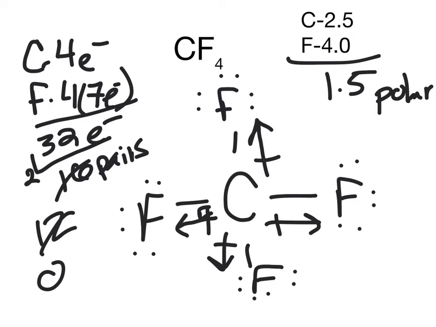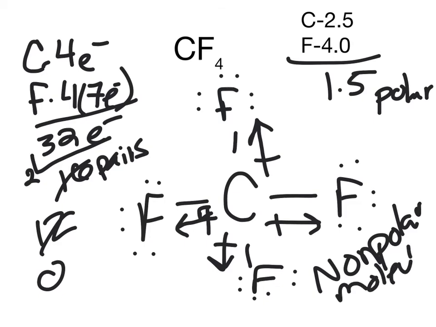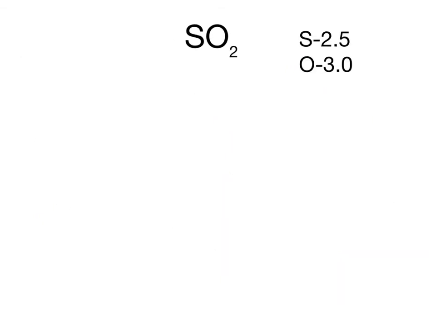So while this has polar bonds, that's the first step, it is a non-polar molecule because all of the polar bonds cancel each other out. They're all pulling in opposite directions, so there is no partially positive side of my molecule, there is no partially negative side. So look at the next example.